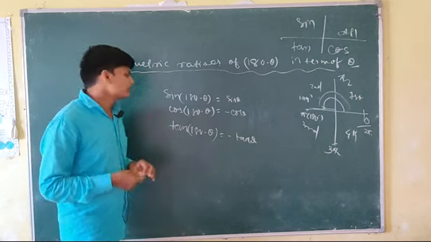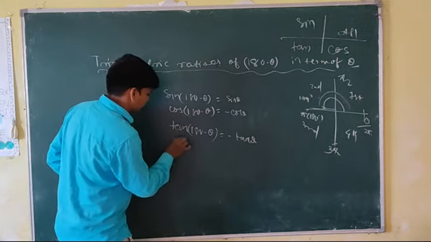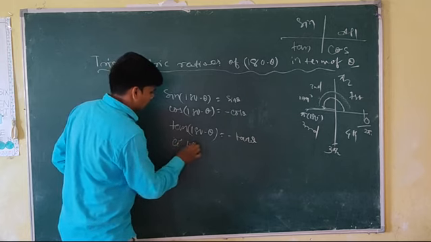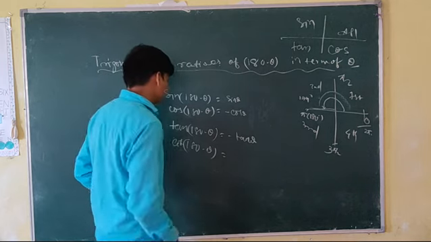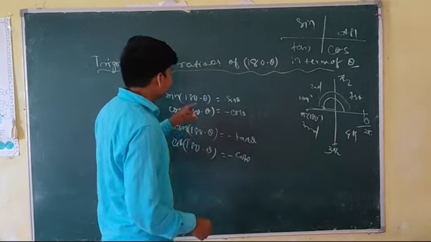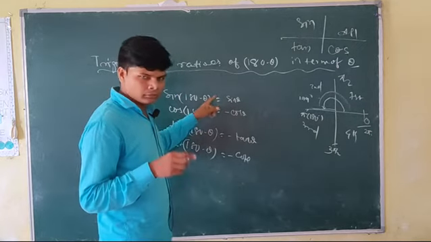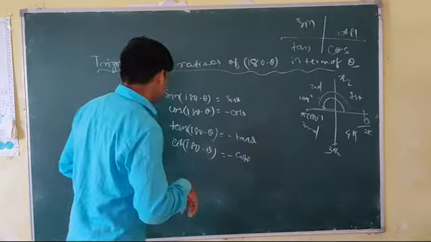Now see cot theta. cot of 180 minus theta equals minus cot theta. Why? Here only sine is positive, only sine and cosec are positive, all the rest are negative.